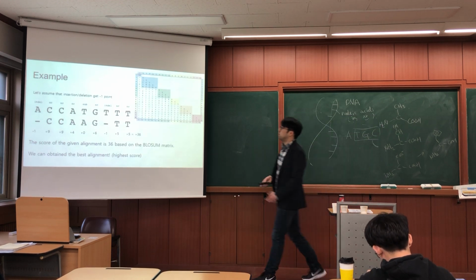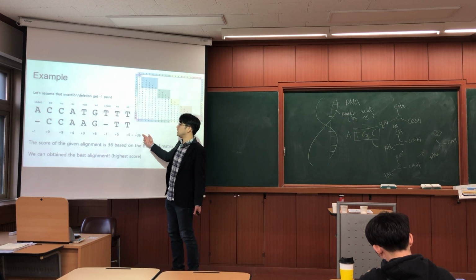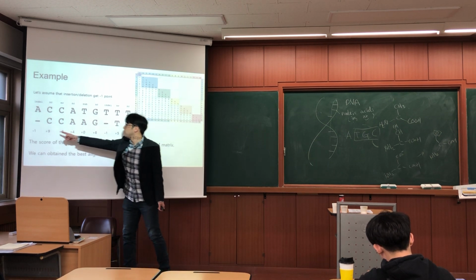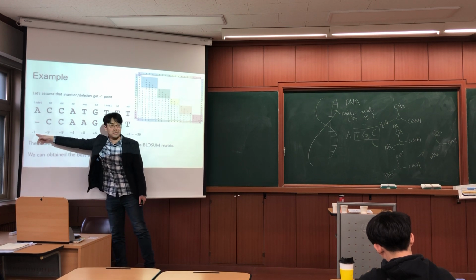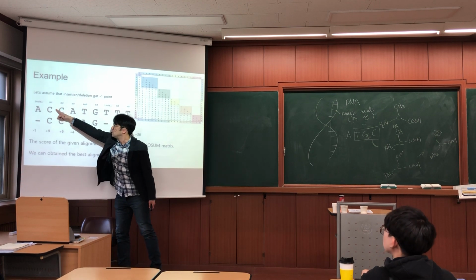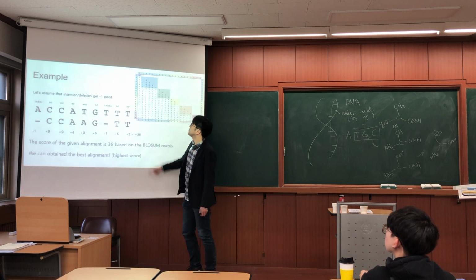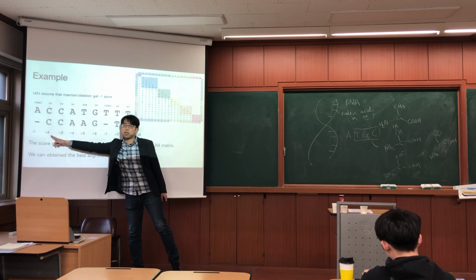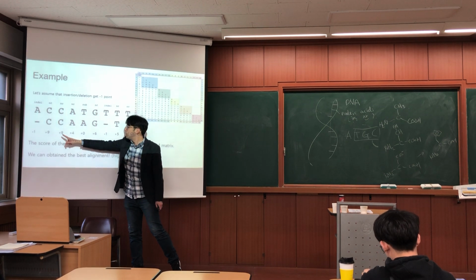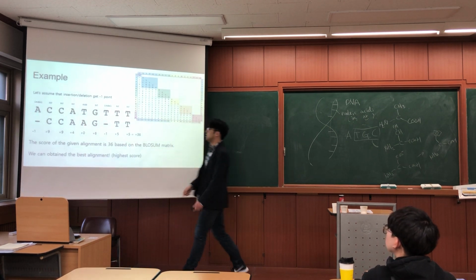So for example, once we have this kind of sequences, then we can score them. For example, this one is deleted, and this one gets a -1 score. This CC is conserved, so we can find the score here, and then we give 9 plus 9, and so on.